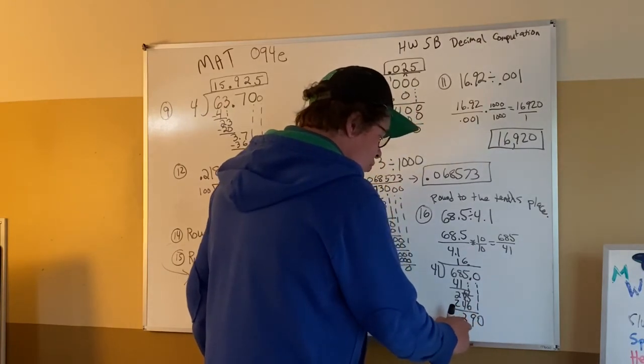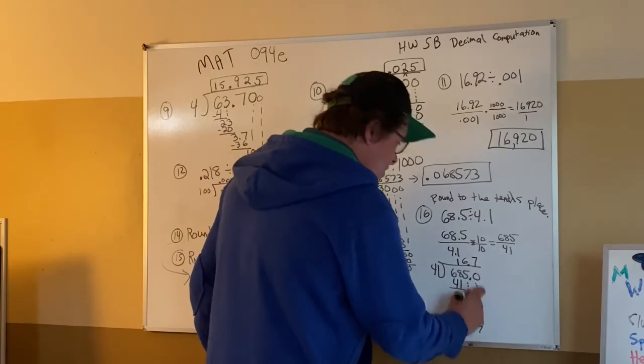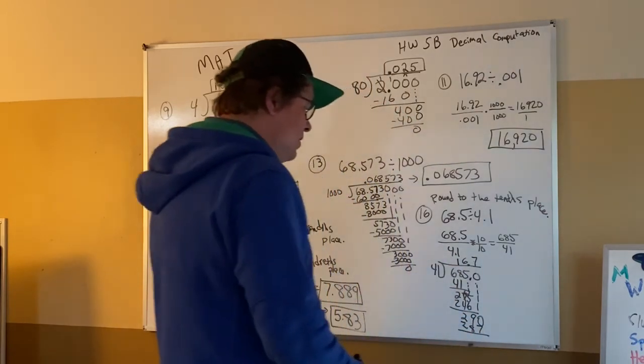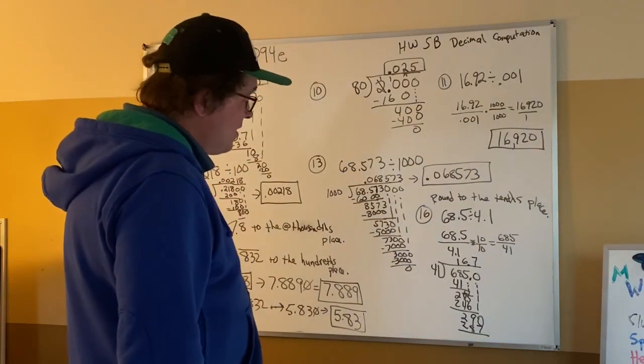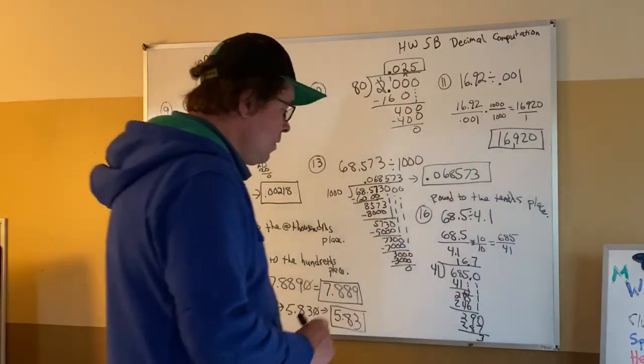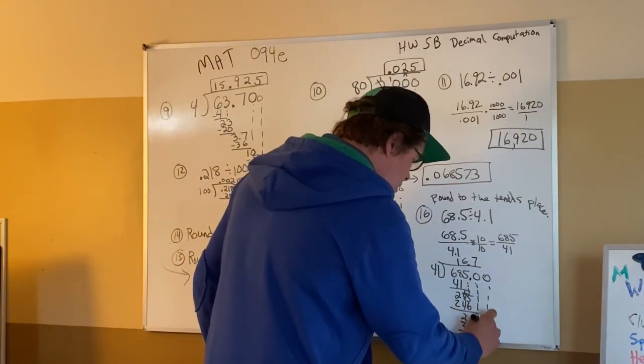I'm trying to do 29 divided by 4. I'm thinking of a 7. 7 times 1 is 7. 7 times 4 is 28. And what does that do for me? Well, that gets me a 3. When I bring down another 0 for 685.00, I have 30.